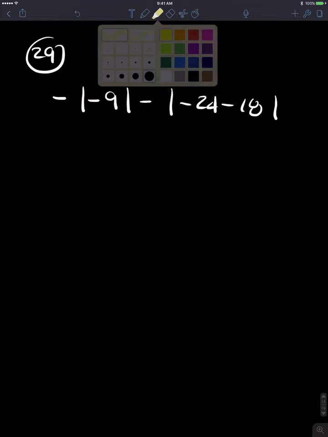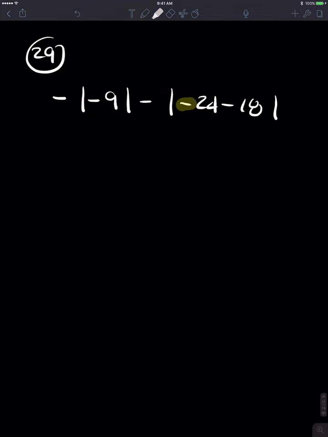29. I have two sets of absolute value. The second absolute value is not a number.